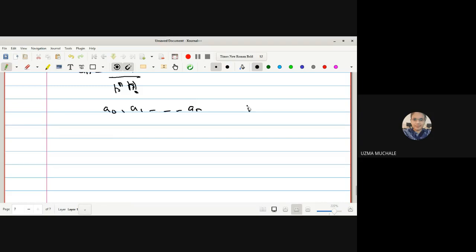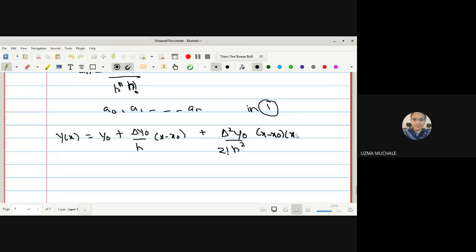In equation 1, putting all the values of a0, a1 up to so on an, we get y of x is equal to y0 plus del y0 divided by h into x minus x0, plus del square y0 divided by 2 factorial into h square, x minus x0 into x minus x1, plus del cube y0 divided by 3 factorial into h cube, x minus x0, x minus x1, x minus x2, plus up to so on.